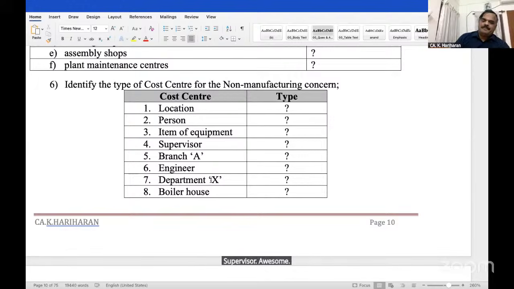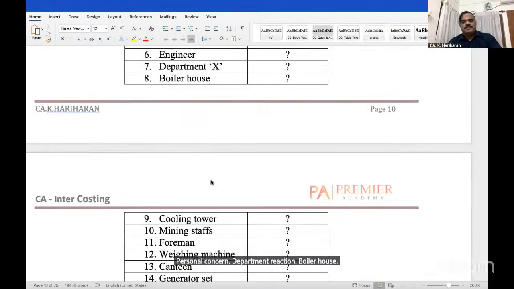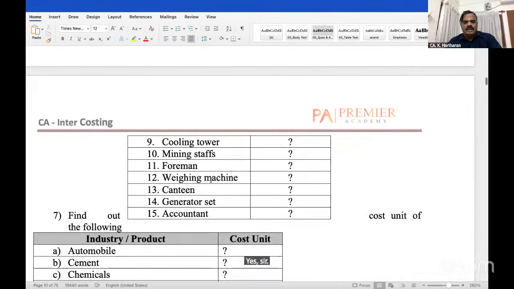Branch A: impersonal. Engineer: personal. Department X: impersonal. Boiler house: impersonal. Cooling tower: impersonal.